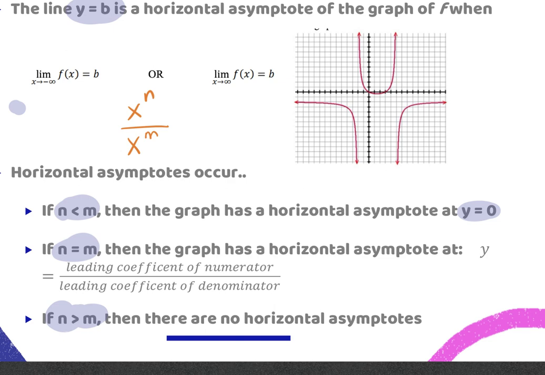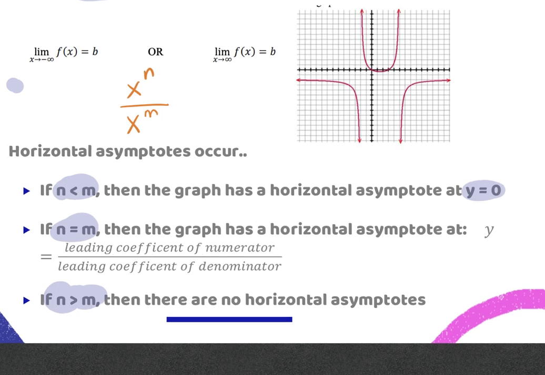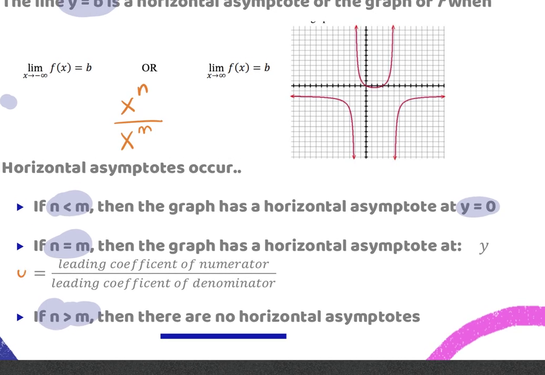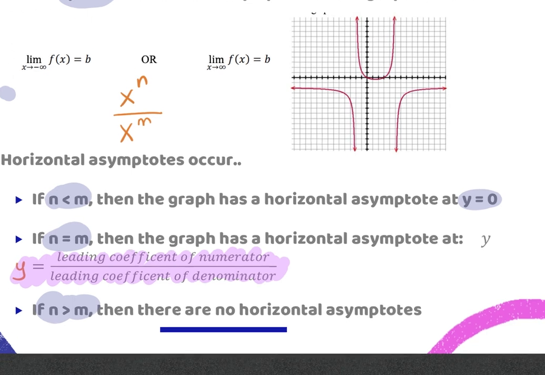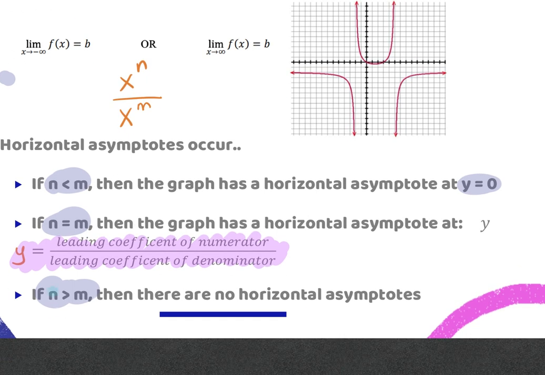If they are equal, then it has a horizontal asymptote at y equals the leading coefficient of the numerator over the leading coefficient of the denominator. So you look for the one with the biggest exponent, you grab the term on the front. And the third scenario is if n is greater than m, there is no horizontal asymptote.